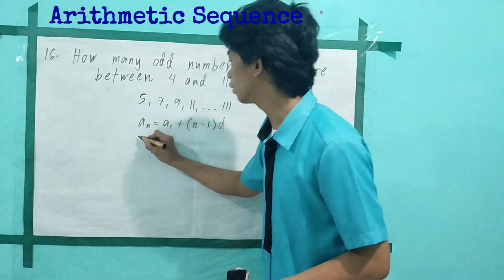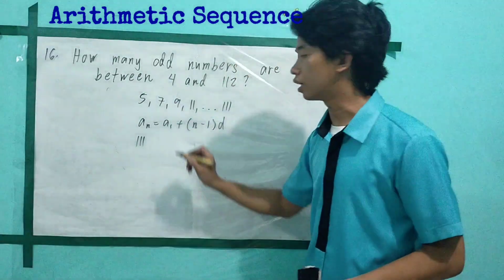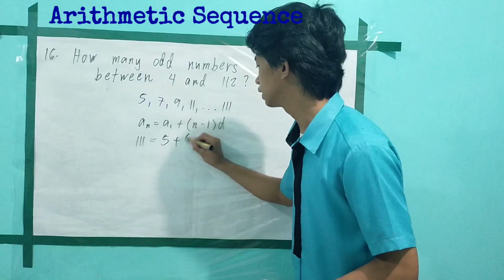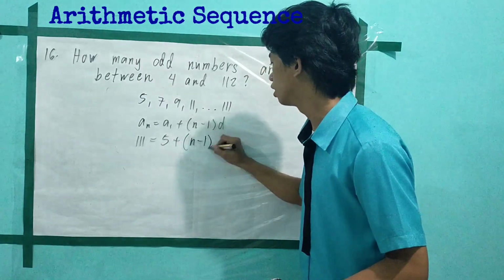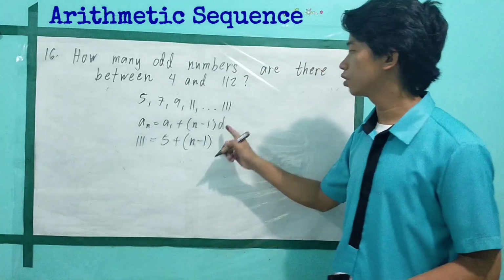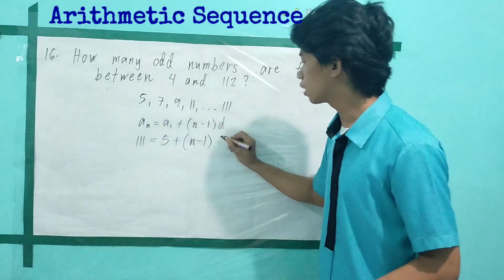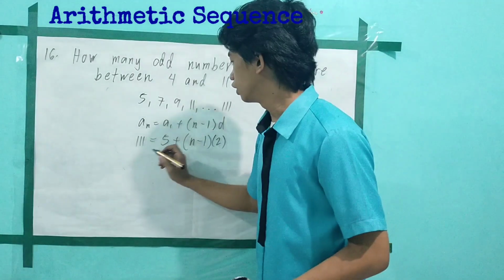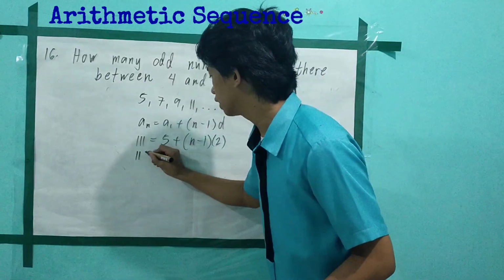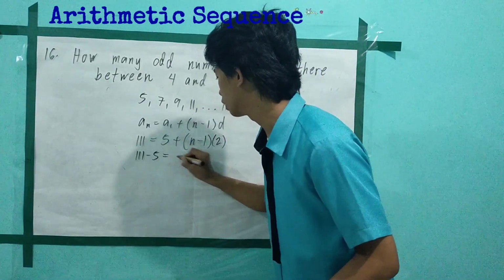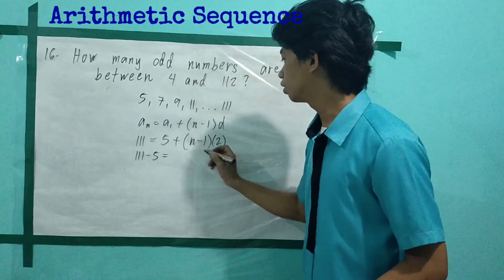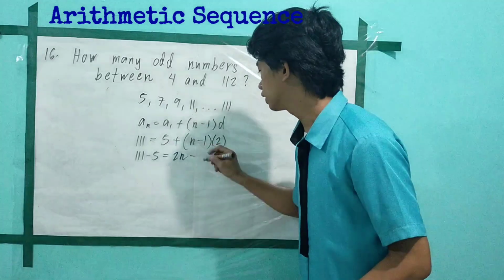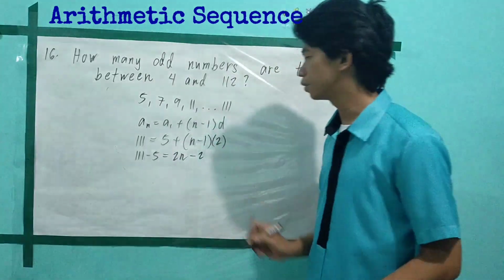Okay, ang ating a sub n, we have 111 is equal to a sub 1, we have 5 plus n less 1 multiply to the common difference. Anong common difference natin? 7 minus 5, we have 2. So using APE, we have 111 less 5 is equal to n multiply by 2, we have 2n, less 1 multiplied by 2, we have 2.